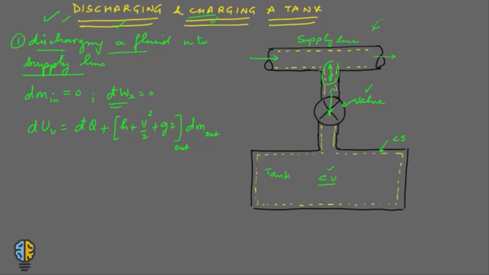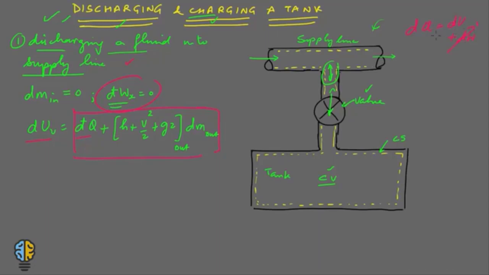So if you're confused about what we have written over here, it is nothing but the first law applied on the discharging of a fluid. So this is the internal energy, which is equal to dQ plus, or you can say this is the total energy which is coming out, because this is 0. If you remember, you will have dQ is equal to dU plus dW.